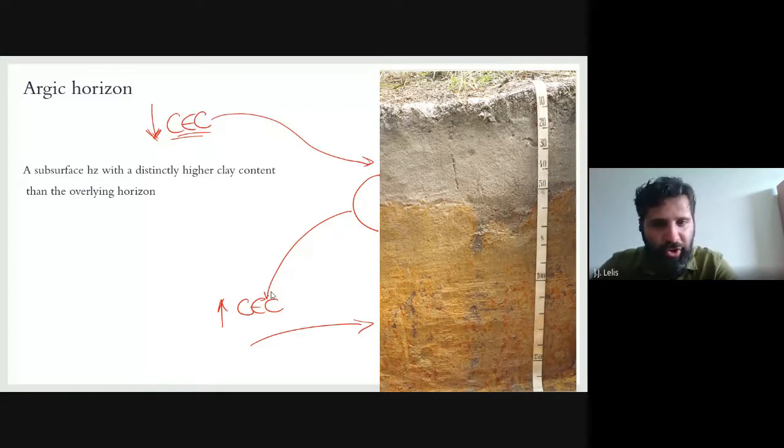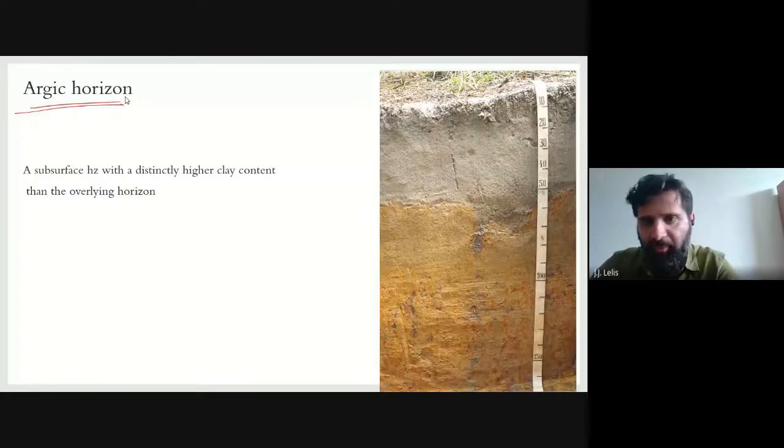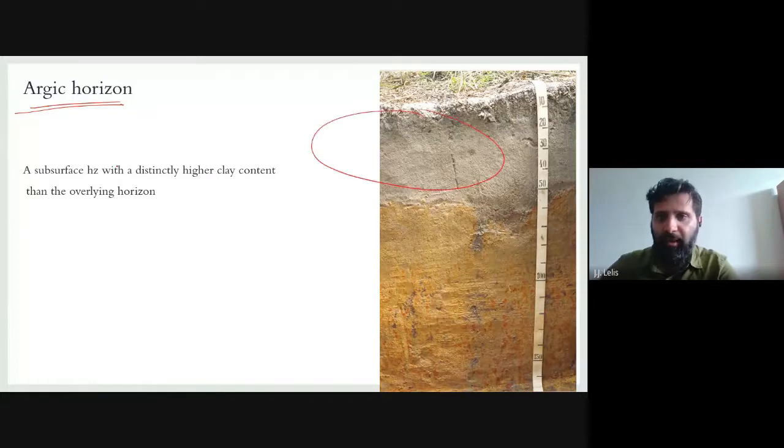So we shouldn't think that a soil that presents an argillic horizon has a specific behavior, the same behavior through all the soil profile. No, we should understand that we have here a horizon or some horizons that present specific soil properties, and here the argillic horizon presents other ones.